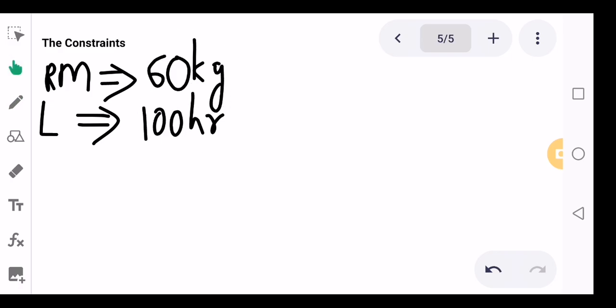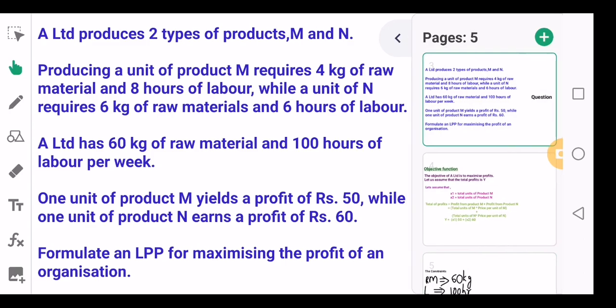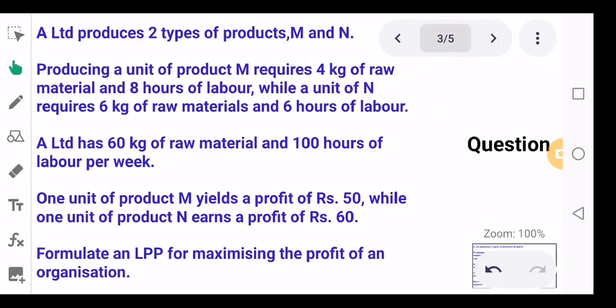Now we have to form the linear equations, for which we need to read the first part of the question. Producing a unit of product M requires 4 kg of raw material and 8 hours of labor.